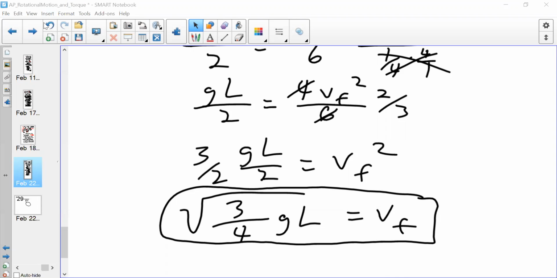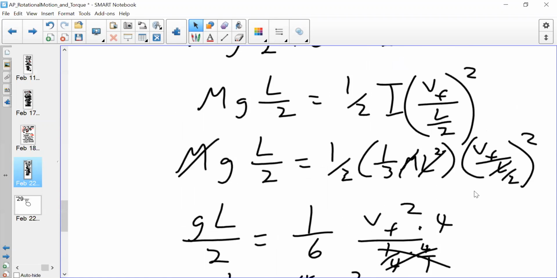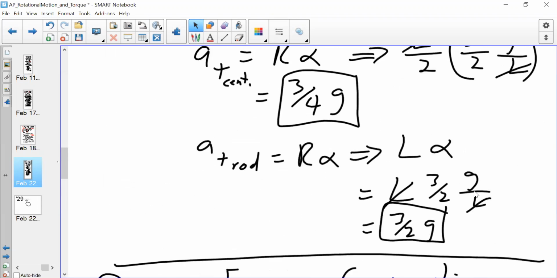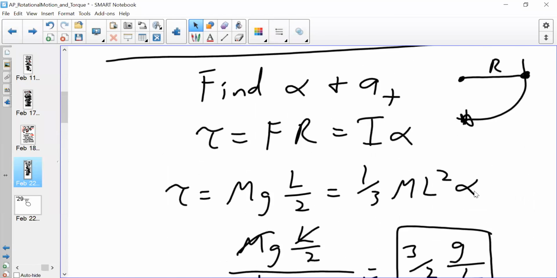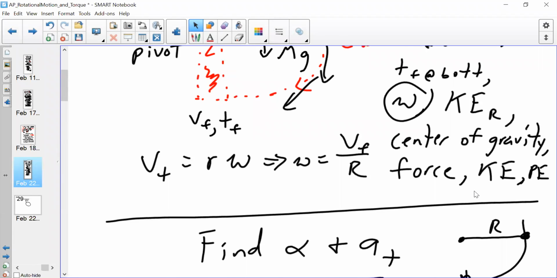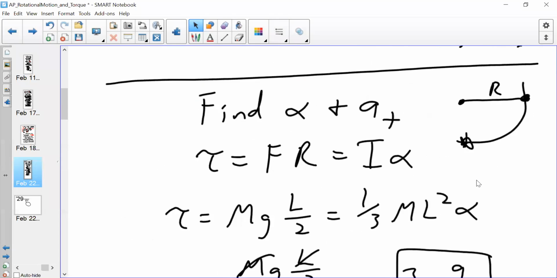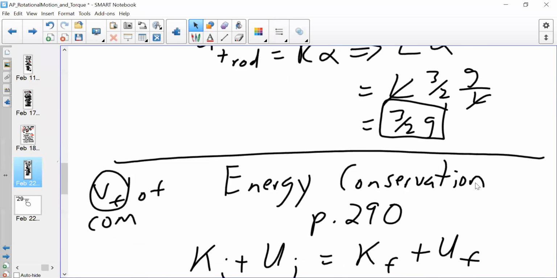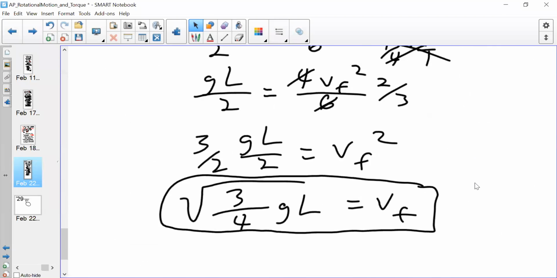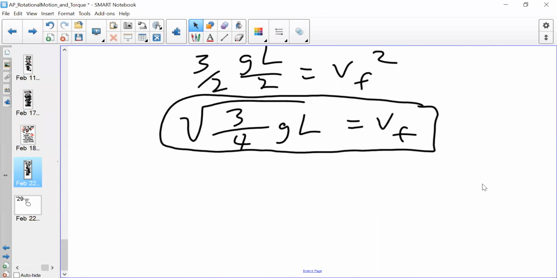Okay. So next, what we want to do is find the expression for rotational kinetic energy. Who actually did that one? Now, I gave you the formula for it, but that one should be okay.